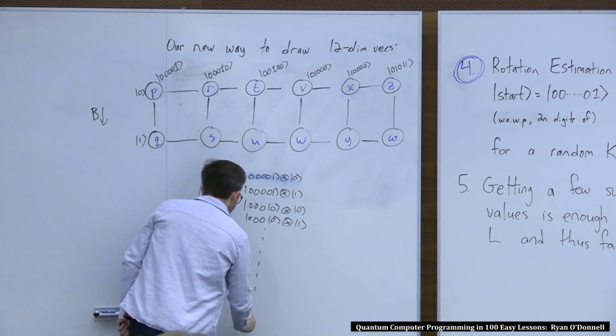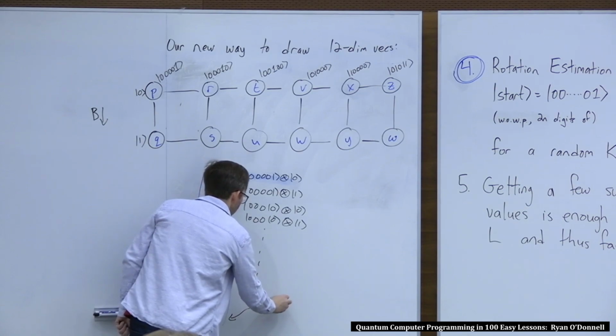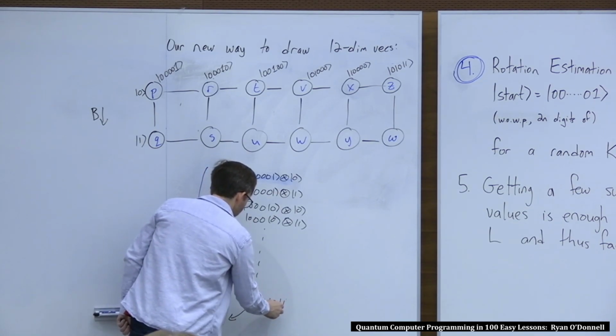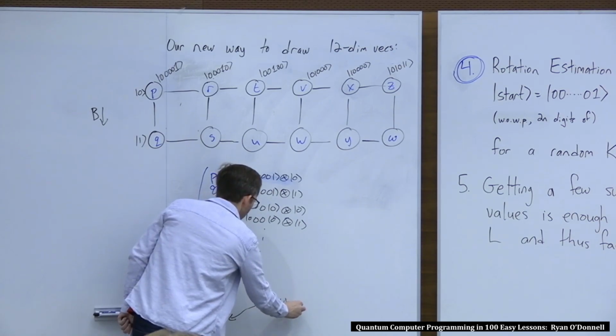Okay, all the way down, and the last one is 0, 1, 0, 1, 1, tensor 1.